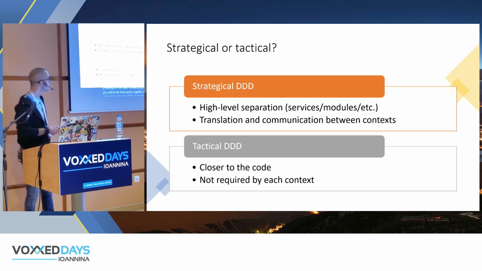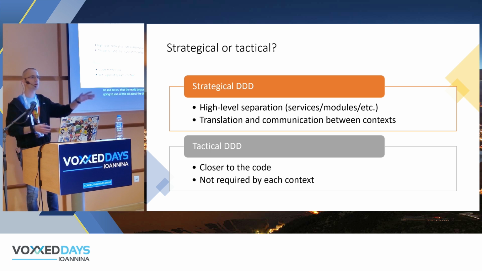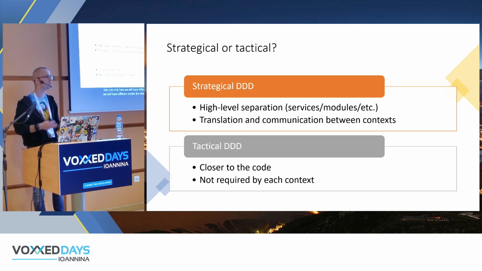A little bit about the differences. So strategic DDD, this is something I will elaborate more in a second, is about high-level separation. I don't care about classes. Strategic DDD tells me only, here we will have a different model, here we will have a different model. But whether this model will be implemented with aggregates or it will be some anemic domain model, it's up to you. Strategic DDD is about high-level boundaries.